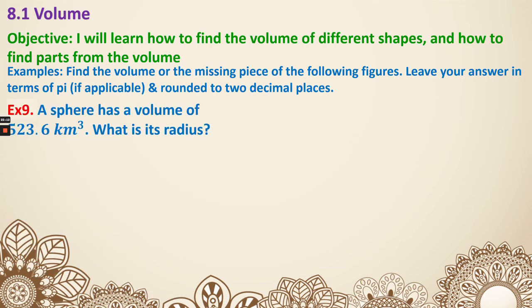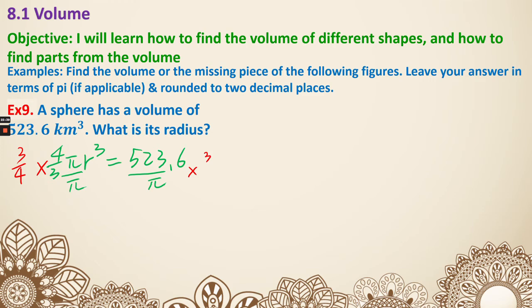Example 9. Volume of a sphere, 4/3 pi r cubed equals 523.6. In this case, we want to get rid of the pi by dividing both sides by pi. It's the fraction part that's a bit tricky. You can choose to divide both sides by the 4/3, but that's going to make things more complicated. So instead of dividing by 4/3, we're going to multiply by the reciprocal.